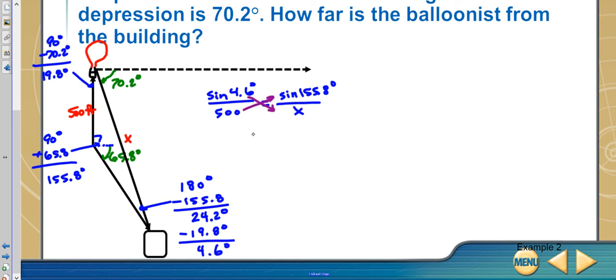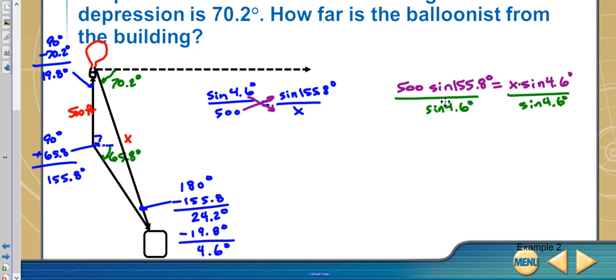I'll do the algebra. So when I cross multiply, I have 500 sine of 155.8 degrees equals x times sine of 4.6 degrees. To get x by itself, I do the simple step of division, because right now they're multiplying. So I divide by sine of 4.6 degrees.